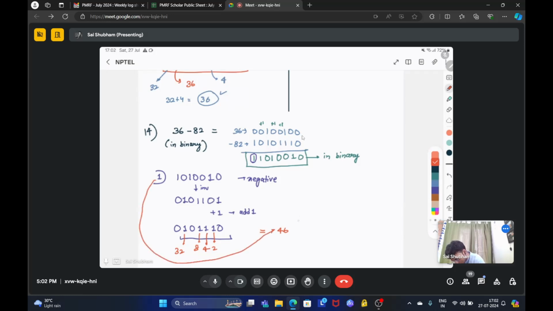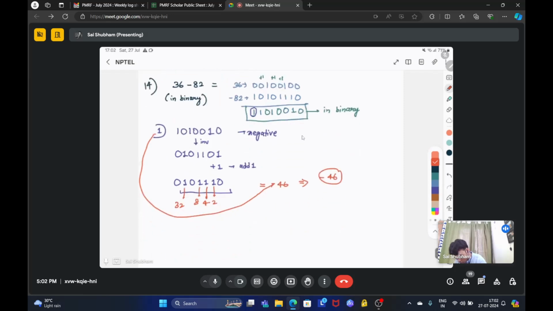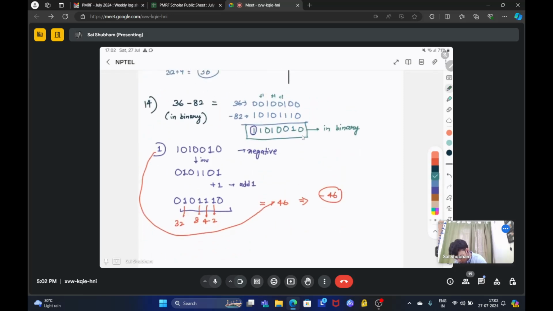Okay, so it will be minus 46. So you can also confirm that 36 minus 82 is indeed minus 46. So what we have suggested in the binary representation is still valid.